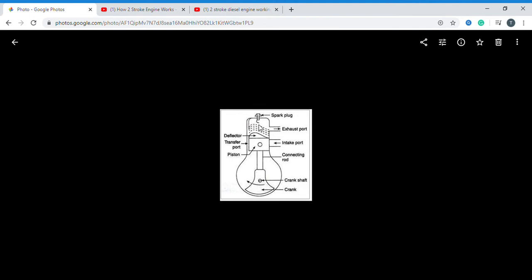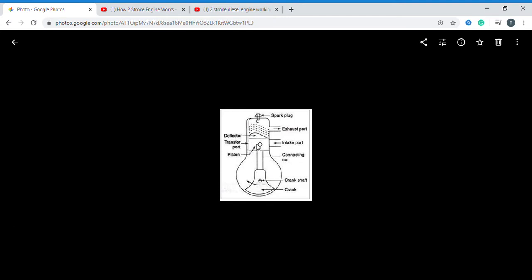When the piston is at TDC position, the spark plug produces a spark, ignition is generated, and the piston moves from TDC to BDC. At that situation, the exhaust port opens and the transfer port opens, so the exhaust gas is released from the exhaust port and the air and fuel mixture enters the engine cylinder.